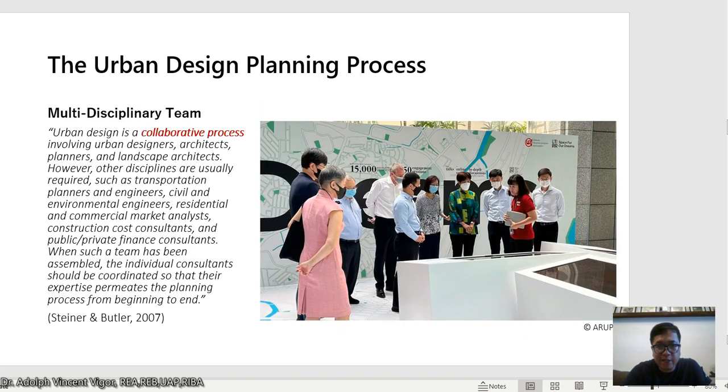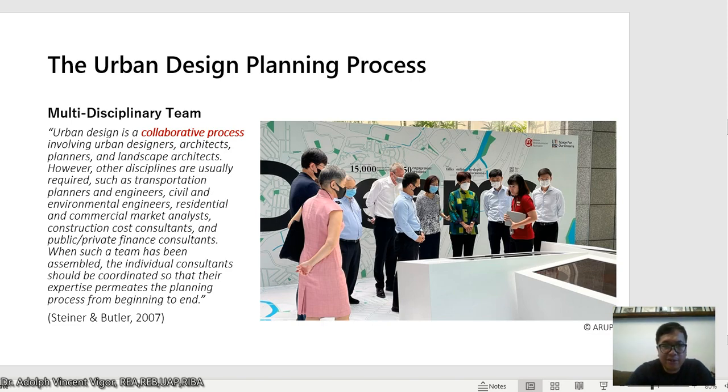Then next is the multidisciplinary team. Urban design is a collaborative process which involves urban designers, architects, planners, and landscape architects.